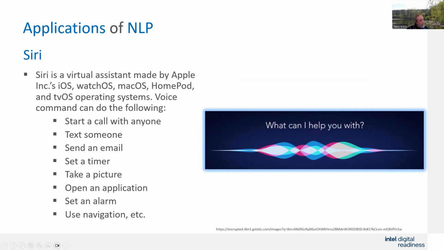We have Siri, right? And I'll put Cortana in the same thing here. A lot of people use this both on their computers and their phones if you're an iPhone person. I think Siri was probably the first impressive voice assistant when Apple first came out with it.